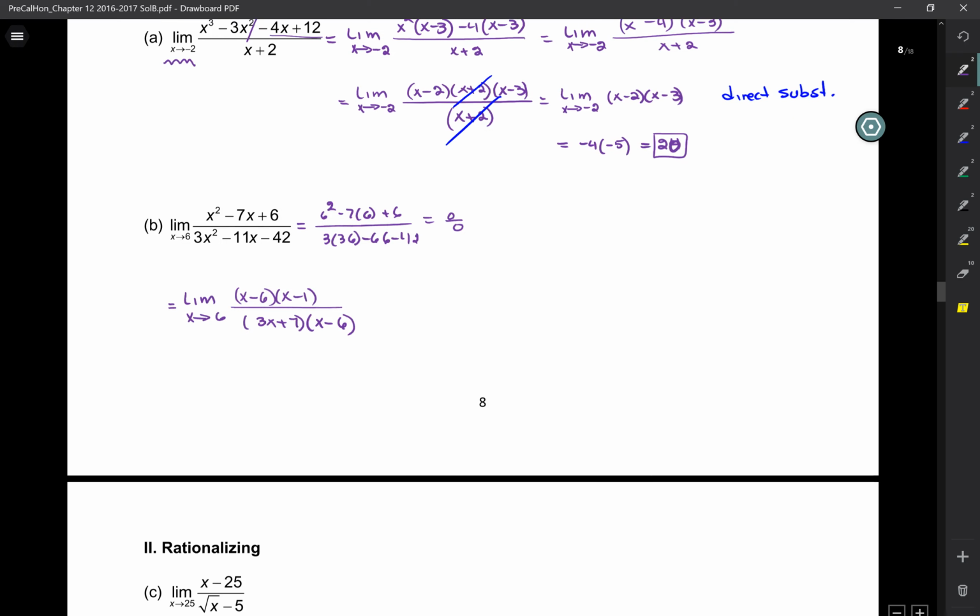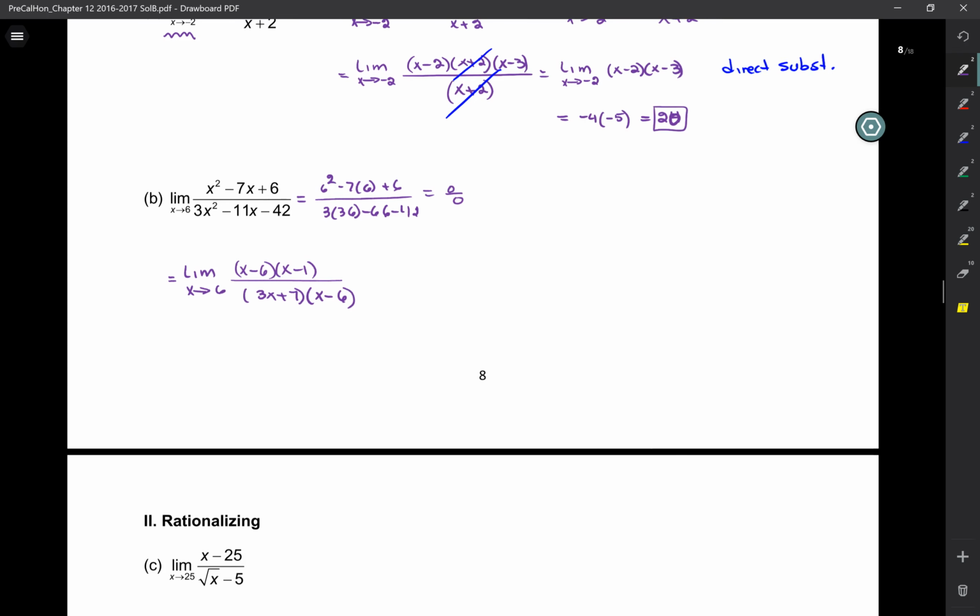I cannot give you full credit if you drop that LIM halfway, or at any of the steps. So the x minus 6's go away. I'm left with the limit as x approaches 6 of x minus 1 over 3x plus 7.